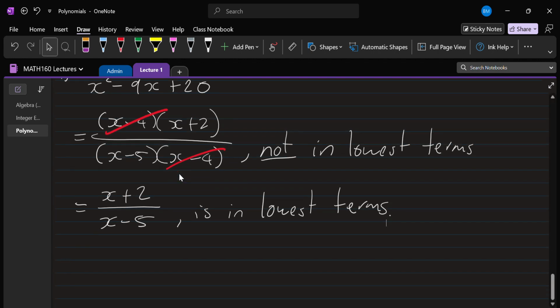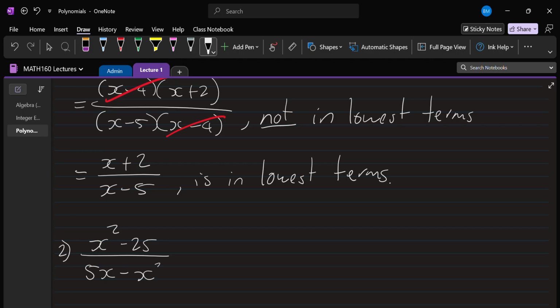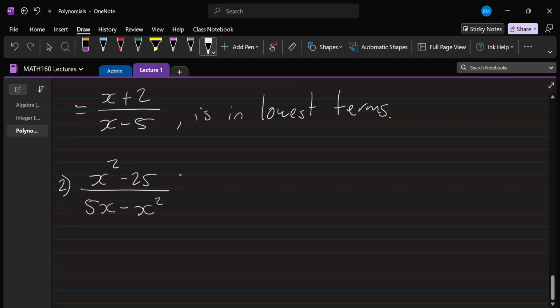Now the bottom. So this is going to be x minus 5, x minus 4. So the minus 5 and the minus 4 give us the minus 9. We take the product, we get the 20. Okay, easy stuff. Now we check, top and the bottom. x minus 4 at the top, x minus 4 at the bottom. They do share common factors, so it is not in lowest terms.